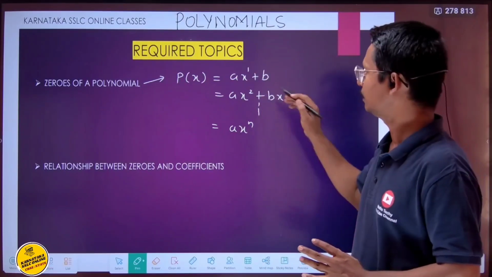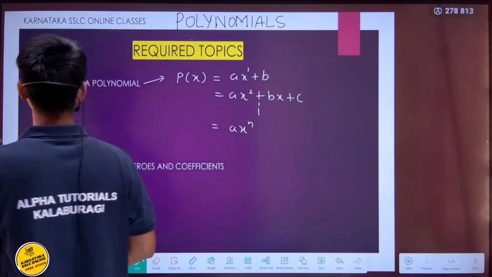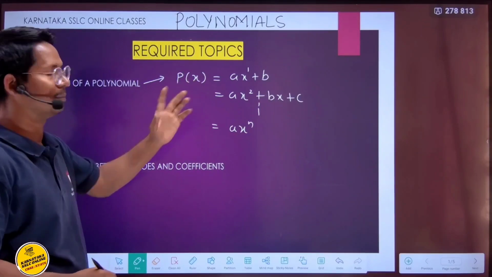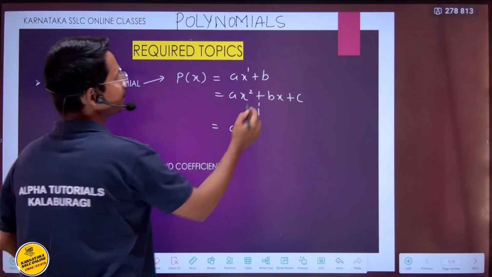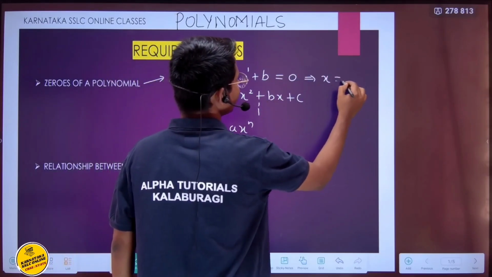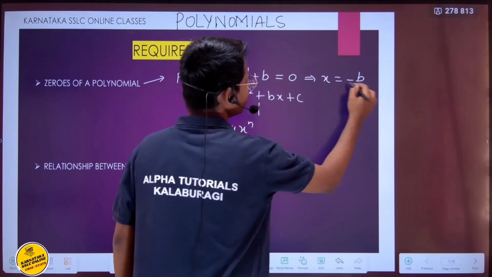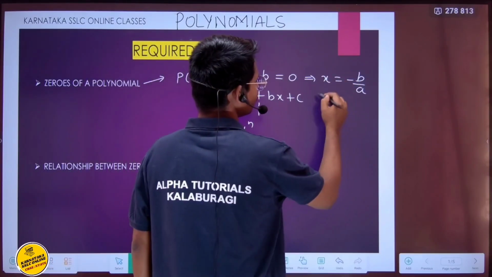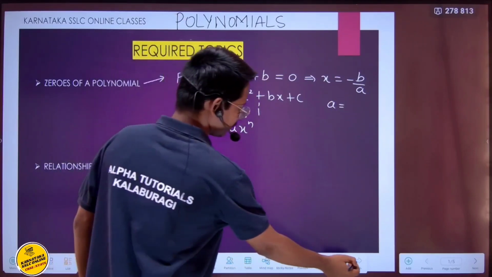But when you consider zeros of a polynomial, you can find zeros of a polynomial. For example, for a linear polynomial, you can equate it to 0. So the x value will be minus b by a. This particular value of x we call a zero.